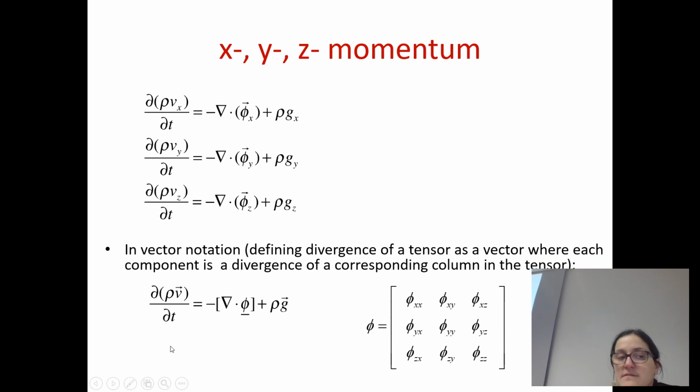Also, this equation, as expressed here, does not depend on the choice of coordinate system. So technically, this is correct regardless of whether I'm in x, y, z, r, theta, z, or something else. Do you hate me yet? Can we deal with the divergence of a tensor? The divergence of a vector is a scalar value, right? I get one number by diverging a vector, because I go through the coordinate components of that vector. So for instance, dvx/dx plus dvy/dy plus dvz/dz. So I come up with a scalar, right?